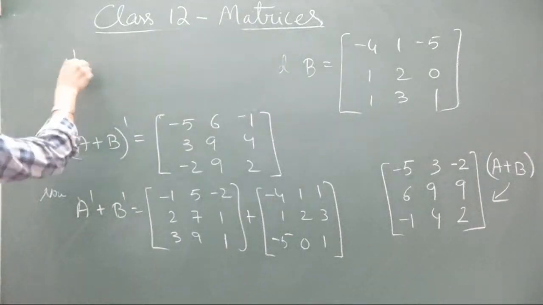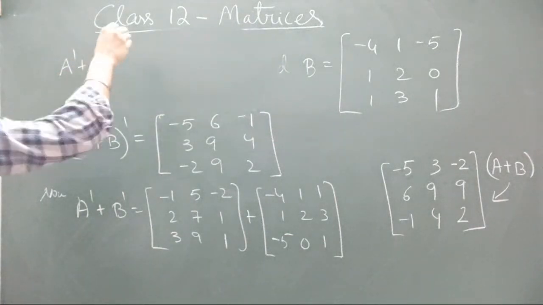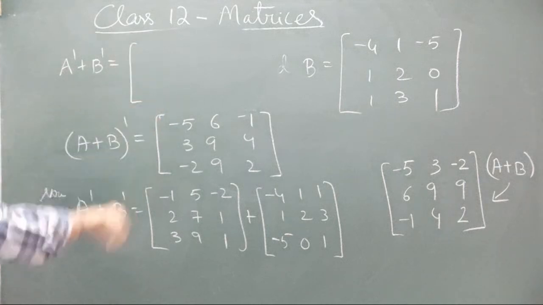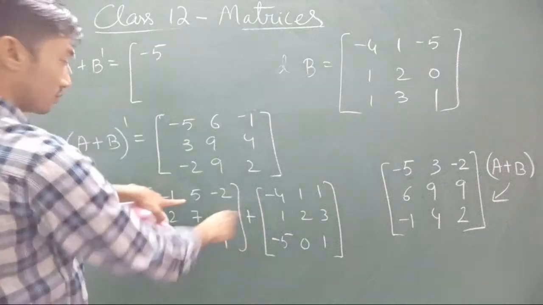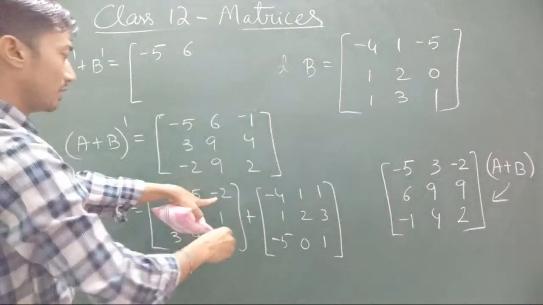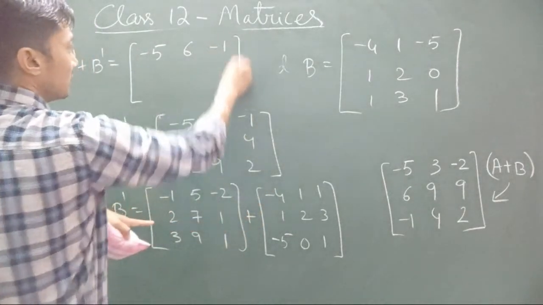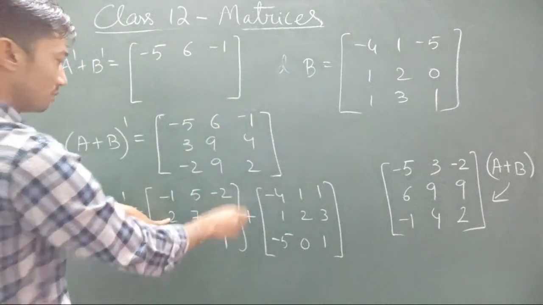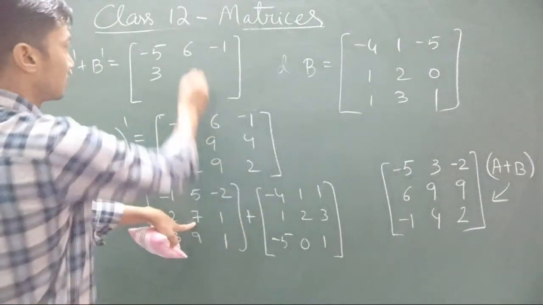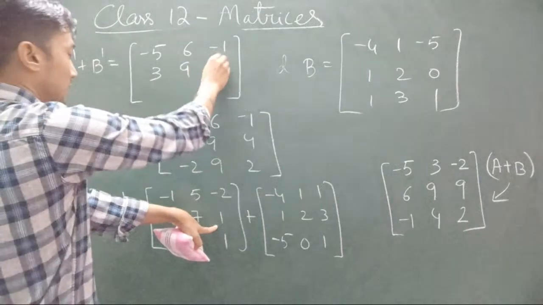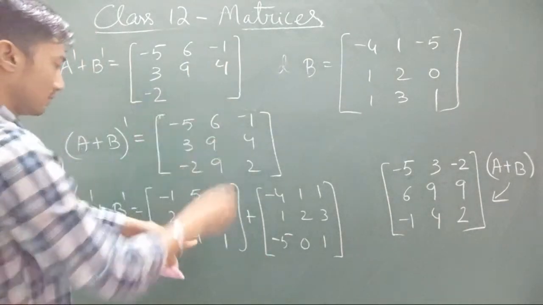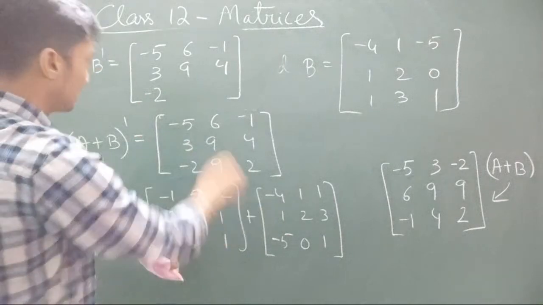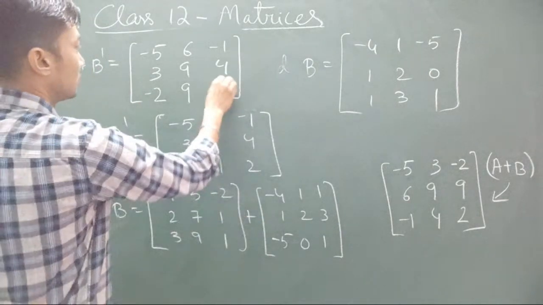So A transpose plus B transpose. What do we have? If we add, it's -1, -4, -5; 5 plus 1, that's 6; -2 plus 1, -1; 2 plus 1, that's 3; 7 plus 2, that's 9; 1 plus 3, that is 4; 3 minus 5, that's -2; 9 plus 0, 9; 1 plus 1, that's 2.